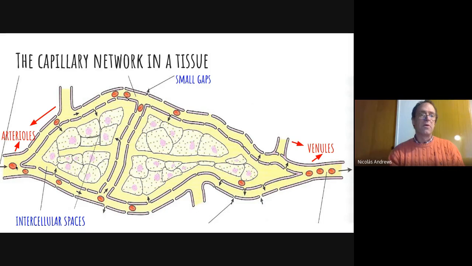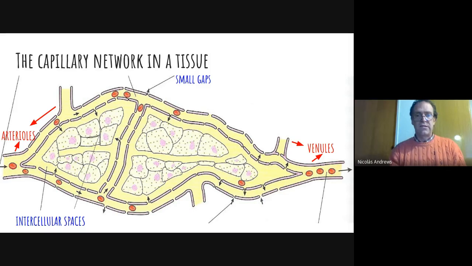And what is most important is that capillaries, the most important characteristic of capillaries, beyond their size, yes, if you take a look, this is a red blood cell. Capillaries are very tiny. If we consider that red blood cells are pretty tiny cells, the most important characteristic of capillaries is that their walls have got gaps. Okay, we will see the function of these gaps in a minute. Okay, so far we just take that into account.